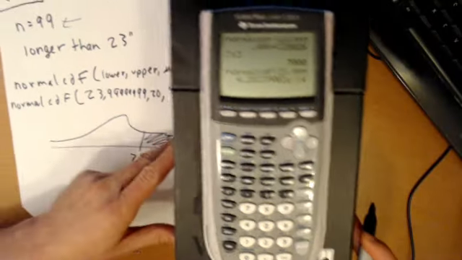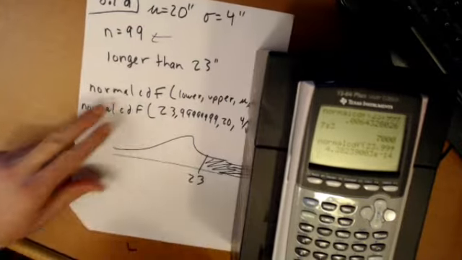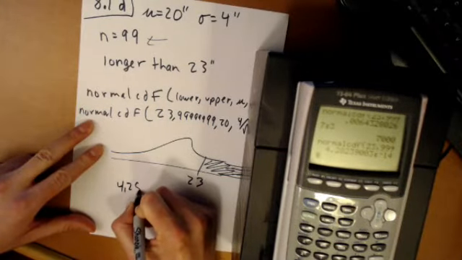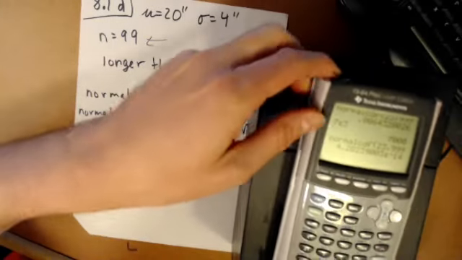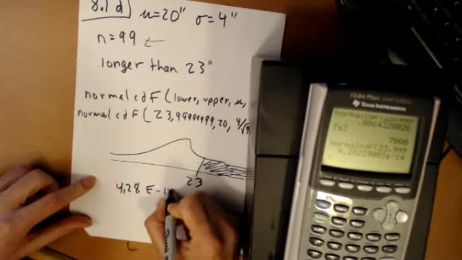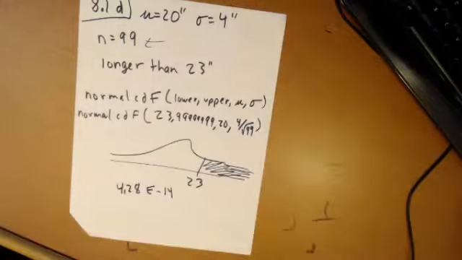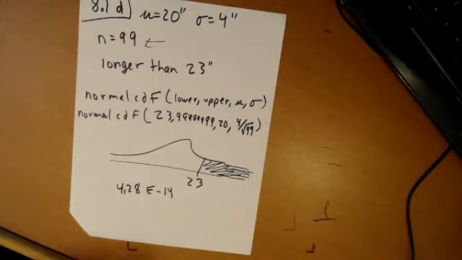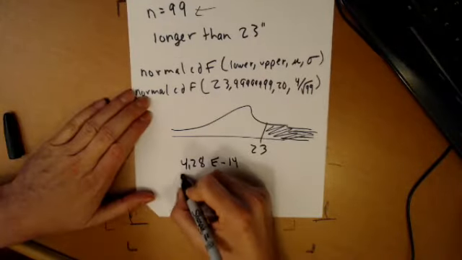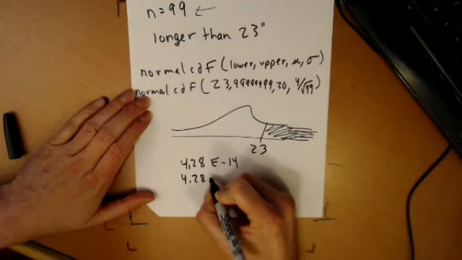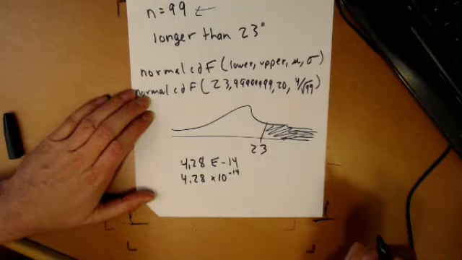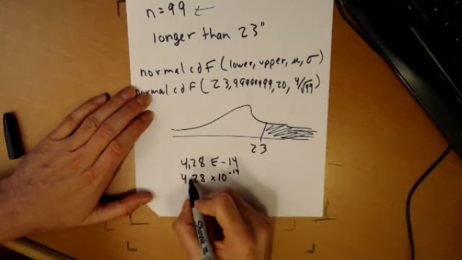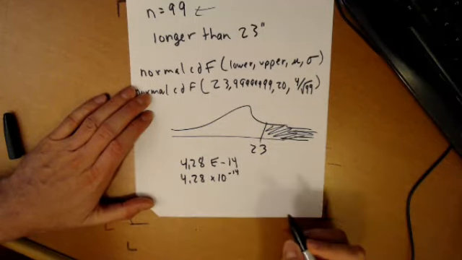So let me write that down over here. 4.28 E negative 14. Hopefully you remember from science class, that's just 4.28 times 10 to the negative 14th, which means move this decimal 14 places to the left.